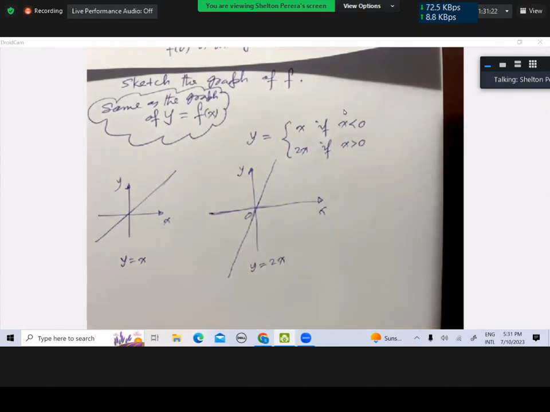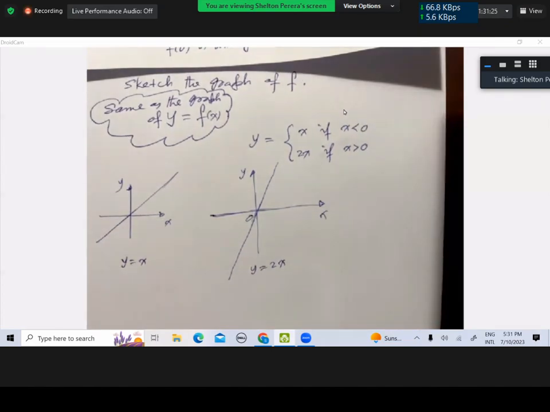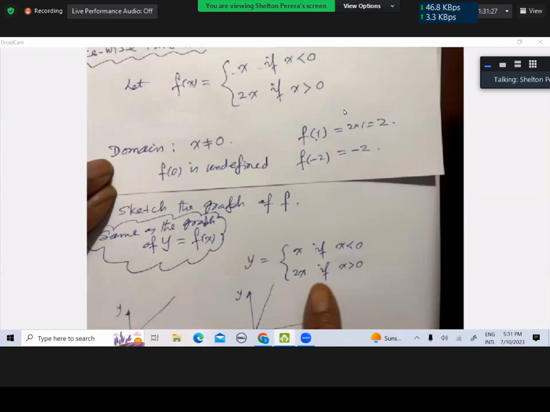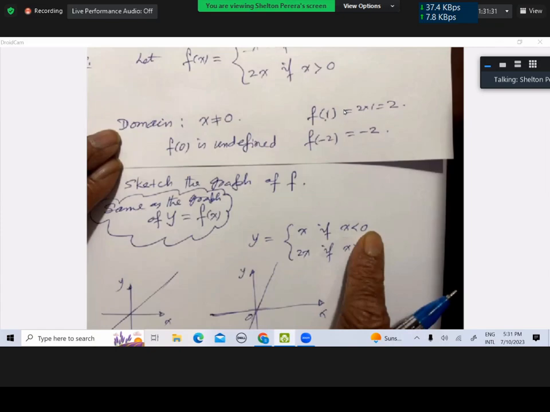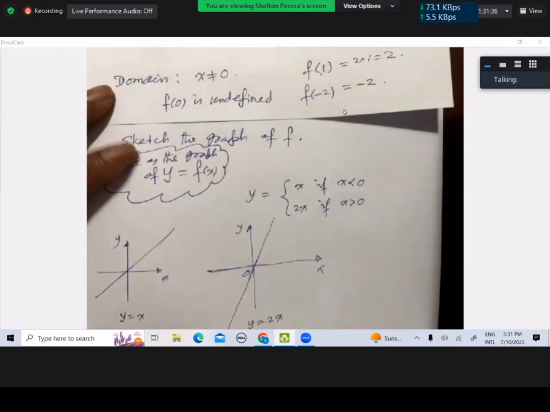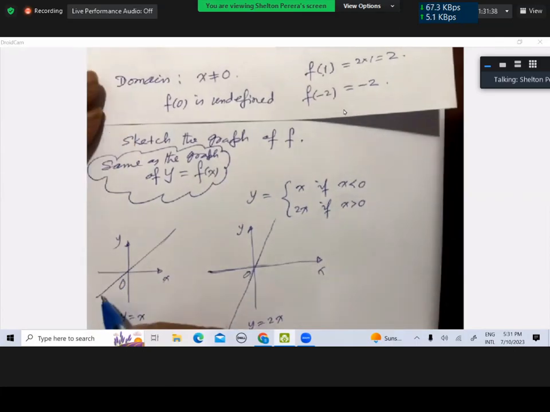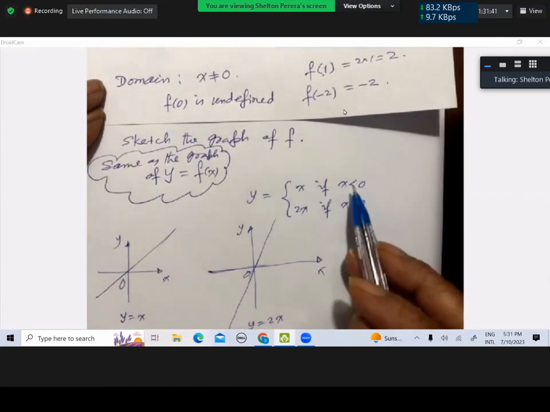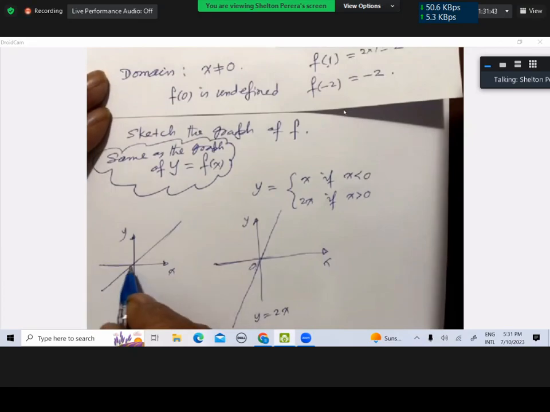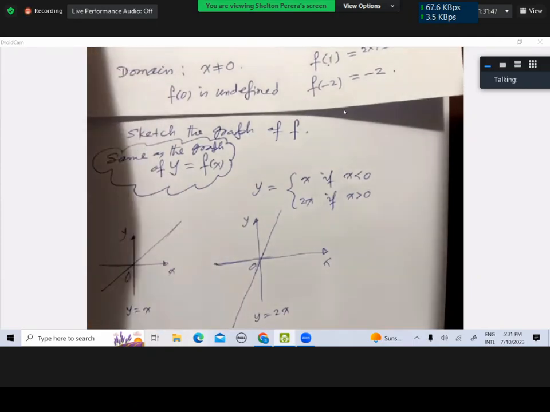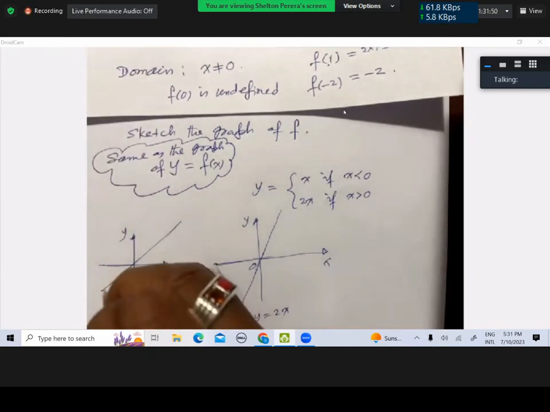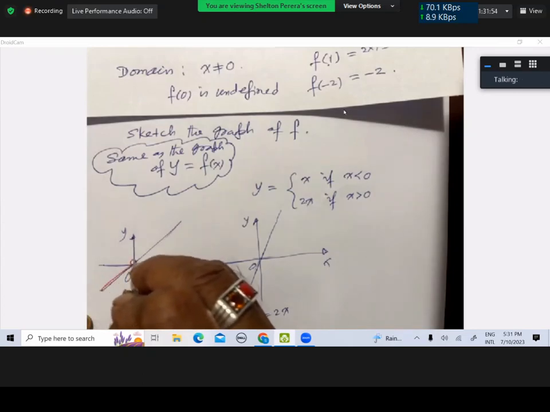Now, to sketch the graph of the function, I have to sketch this. Take a scissor and cut along the y-axis. Look, y equals x if x is negative, so up to this place, and a hole there.